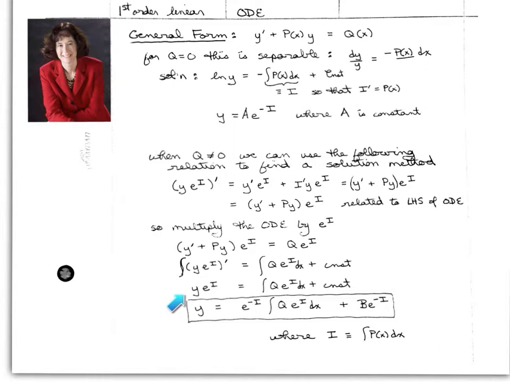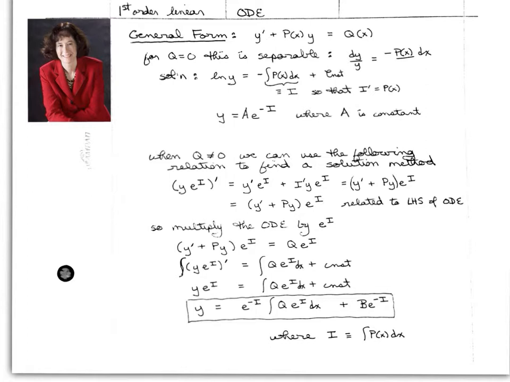So integrating a total derivative, we know what the answer is, that's fine. And on the other hand, on the right-hand side, we'll simply have to integrate q, which is a function of x, multiplied by that exponential, and add a constant, since we're doing an indefinite integral.